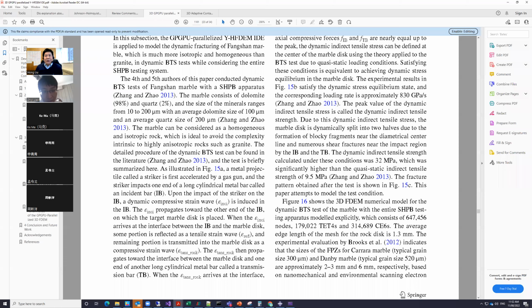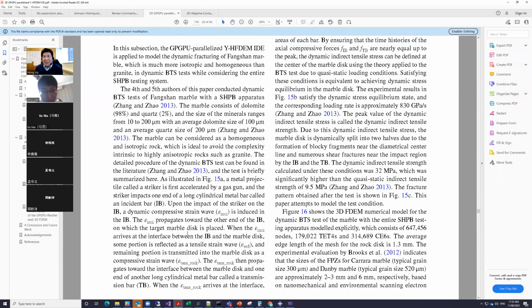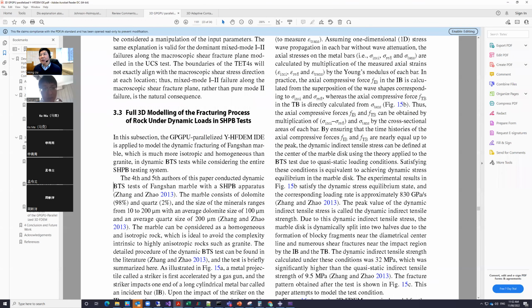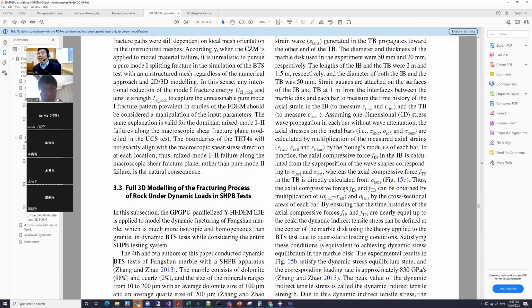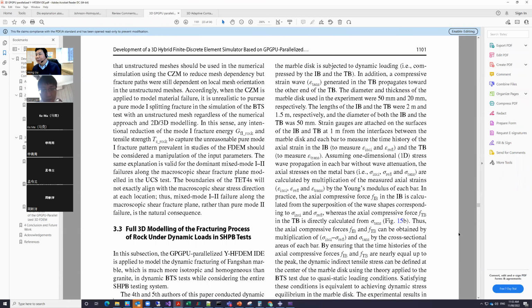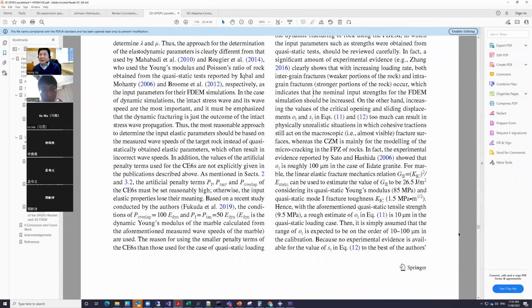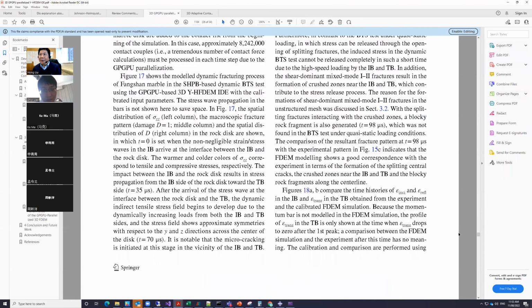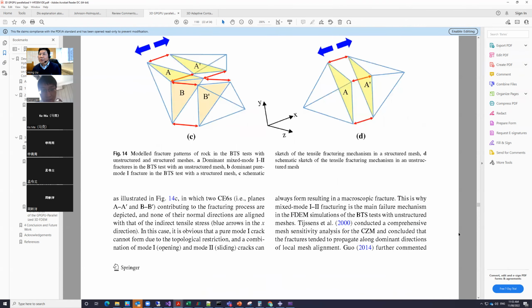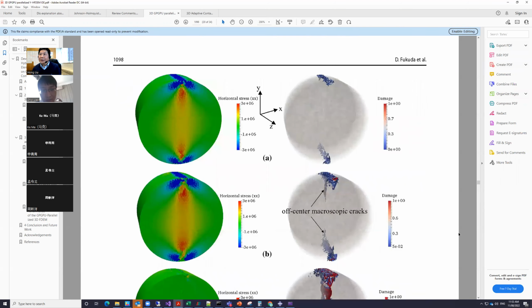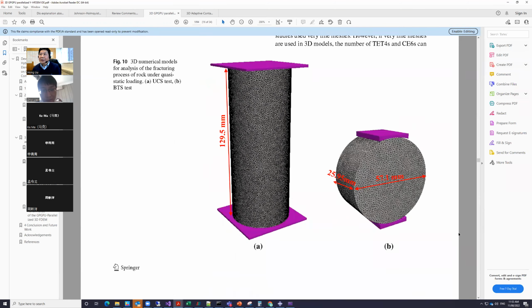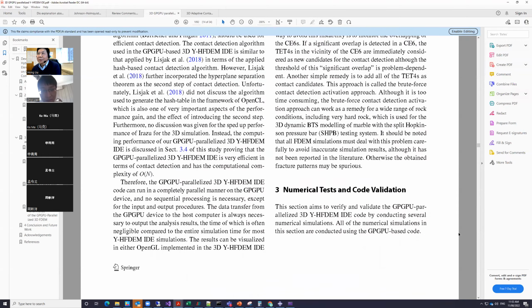So what we do is that we base it on their stress wave propagation, and then we determine the input parameters. Let me find the table of the input parameters.